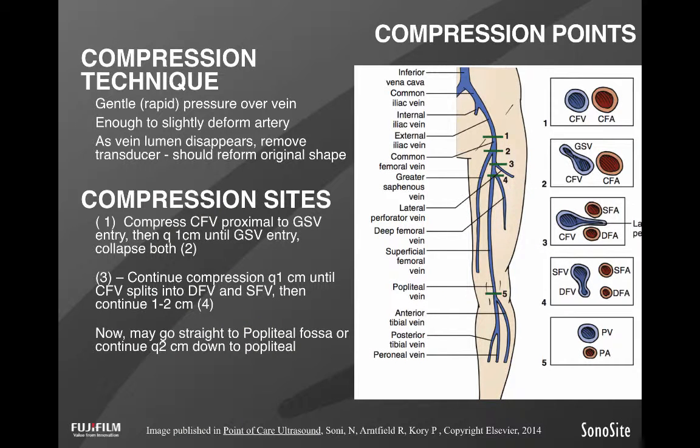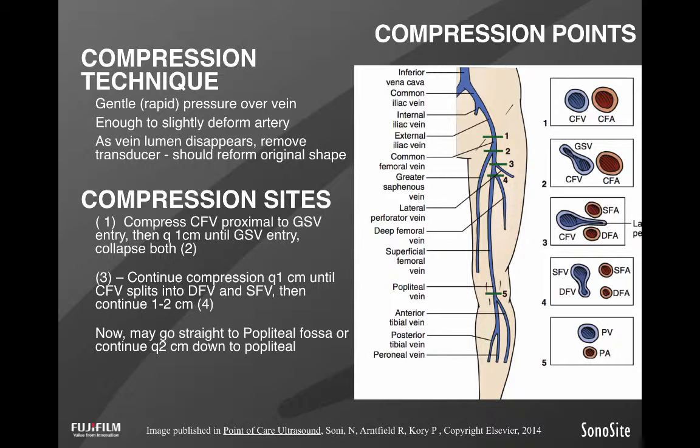Now, how do we do the anatomy? So notice that at the inguinal ligament, where we start all of our exams, things look like box 1 up here in the corner. So here, usually on ultrasound, you'll see this common femoral vein right next to the common femoral artery, largely and sometimes the same size.